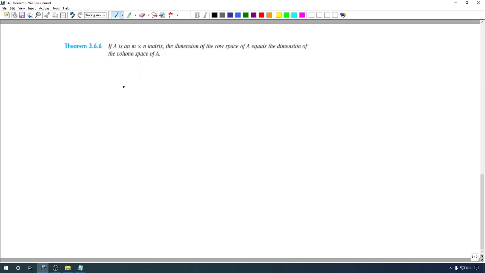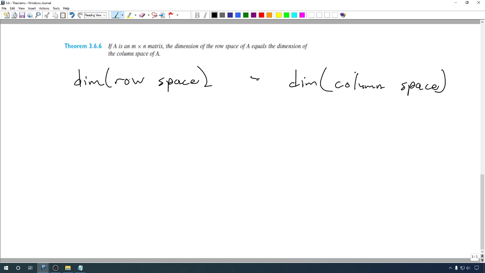And because we're using those same leading ones, what does that mean? That means that the dimension of our row space and the dimension of the column space have to be exactly the same thing. They're both the same as the number of leading ones we had in our row echelon form.